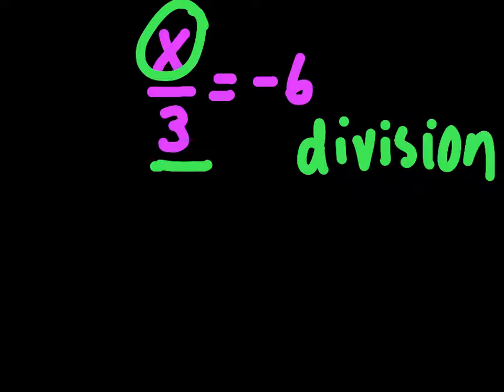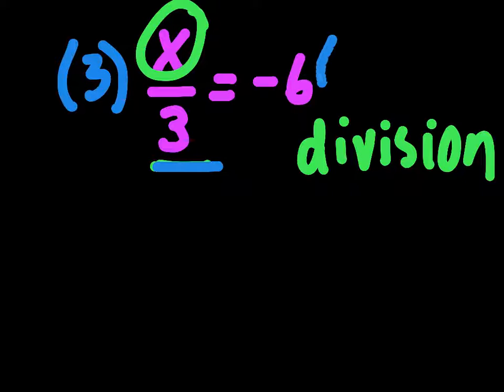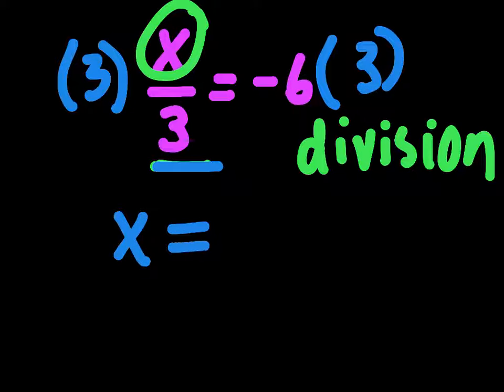So we look at our number because we want to get this variable by itself. So we look at our number, okay? And we see it's 3. So since it was dividing by 3, now we're going to multiply by 3, okay? But once we do it to one side, we have to do it to the other side. So now we multiply this side by 3, okay? So now x is by itself, and we just put what we got on the other side, which is negative 6 times 3 is negative 18, okay?